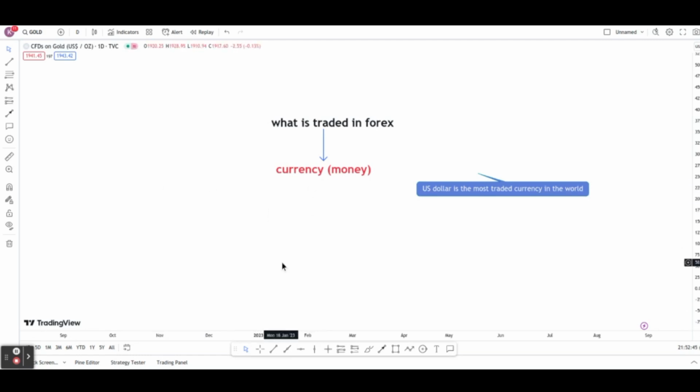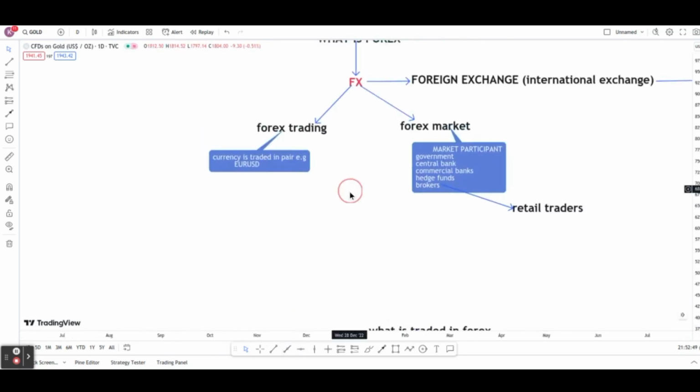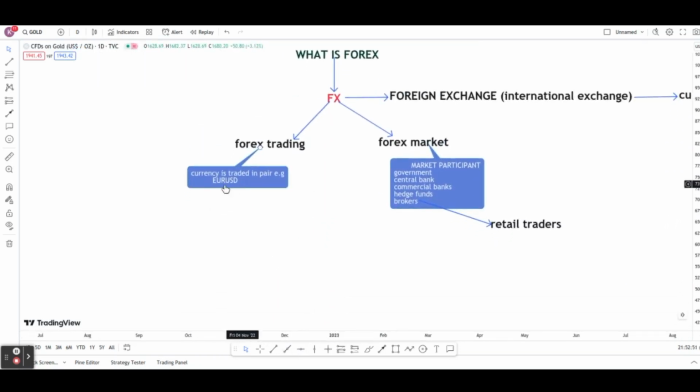If you buy the Euro and sell USD, we are saying that the Eurozone economy is going to do better than the US economy for that particular time you are buying that pair.